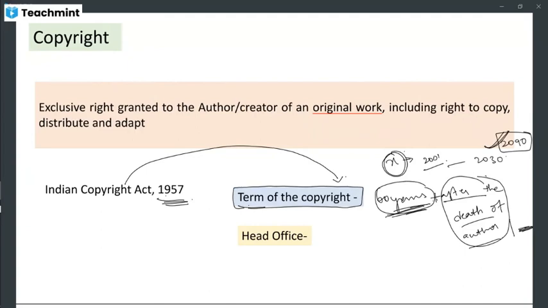This is the copyright period of protection. The head office of copyright is located at New Delhi. So this is everything about copyright. Even copyright is of a limited period, just longer than the patent, which is 20 years. In the case of copyright it is also limited, but for 60 years even after the death of the author.